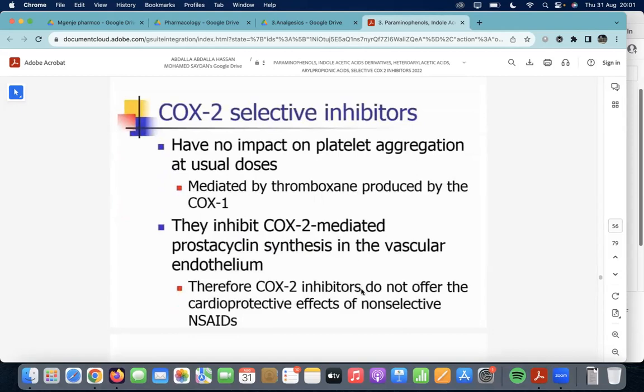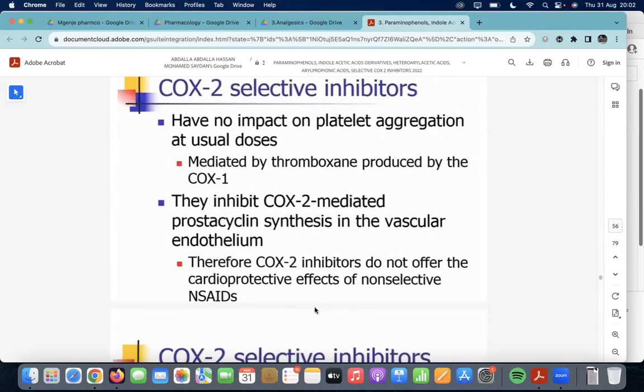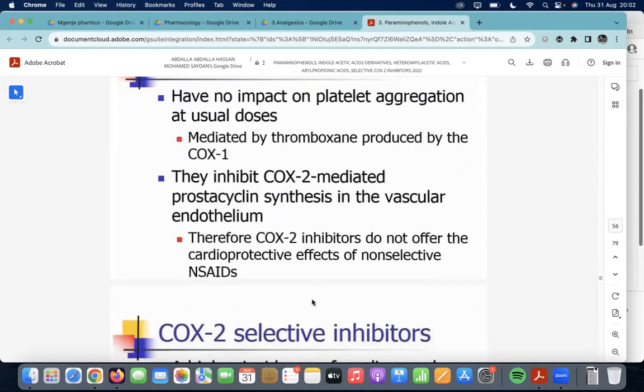Therefore, COX-2 inhibitors do not offer the cardioprotective effects of non-selective NSAIDs. So the key point we need to note is that COX-2 inhibitors do not offer cardioprotective effects.